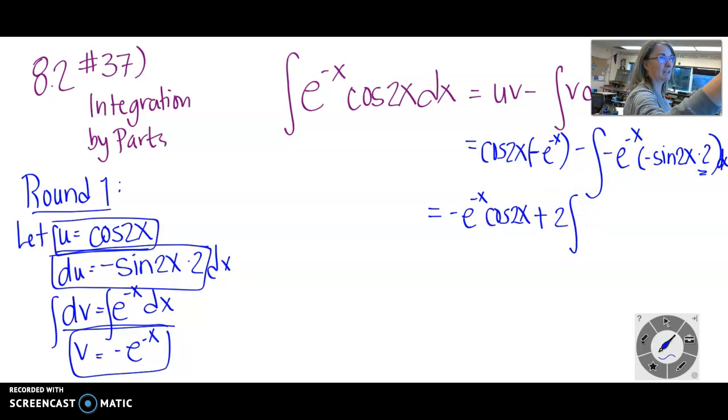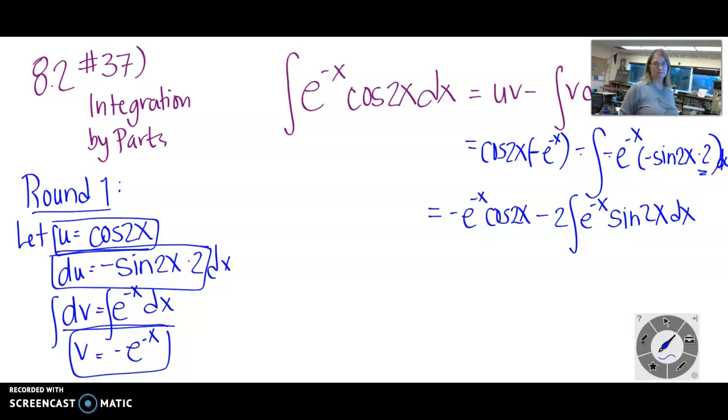I might want to leave it actually, but I'm just going to take it out for right now. And so I pulled this negative out, this negative, and that negative. Oops. So that makes it all negative. But actually, yeah, that is a negative. E to the negative x, and then sine 2x dx.